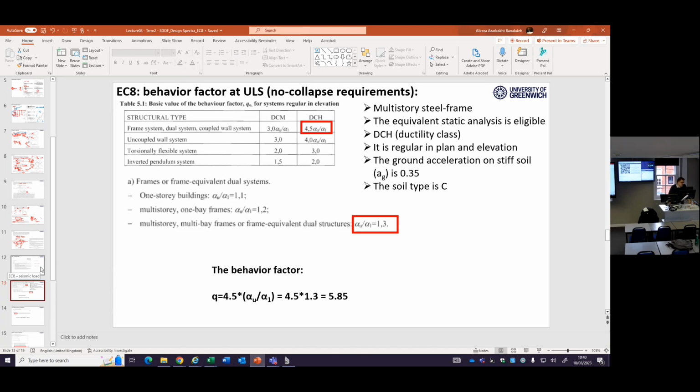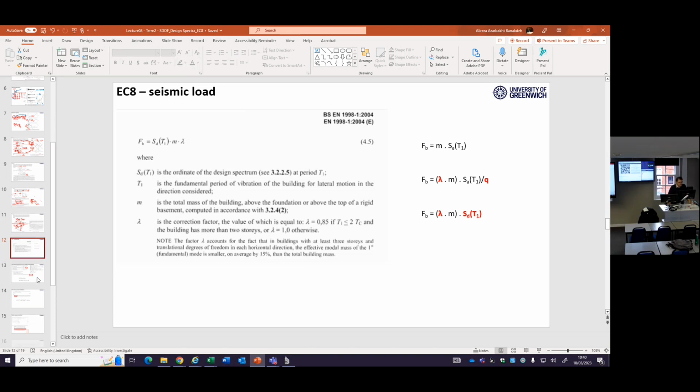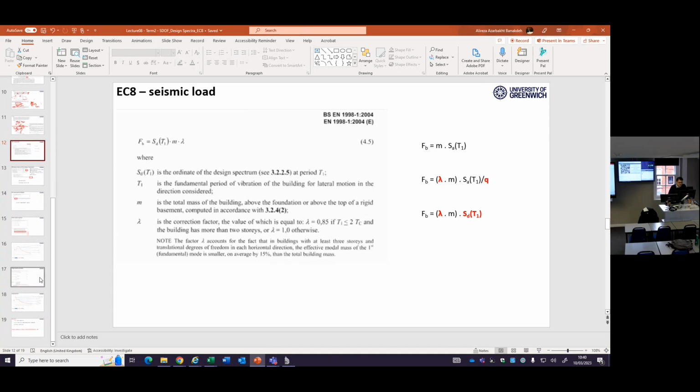So you haven't had any kind of lateral load like EC8, so it's not bad. It means that it's an opportunity to learn a little bit about Eurocode 8 for seismic loading. So it's good.